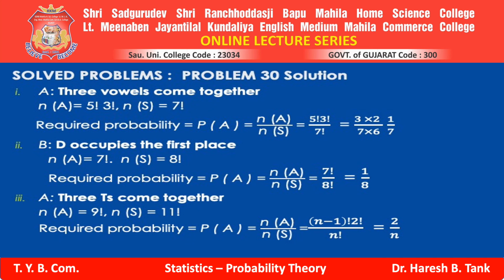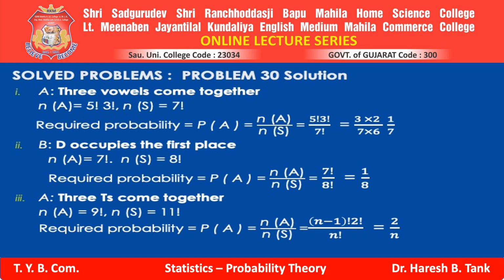So the required probability is favorable cases divided by exhaustive cases. Favorable cases are 5 factorial multiplied by 3 factorial divided by exhaustive cases, 7 factorial. Simplifying it, it comes to 3 multiplied by 2 divided by 7 multiplied by 6, which is 1 by 7. So probability of A is 1 by 7.